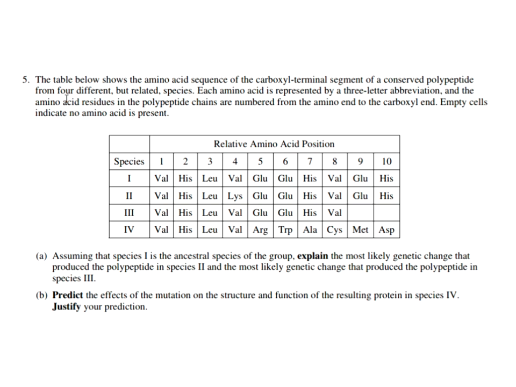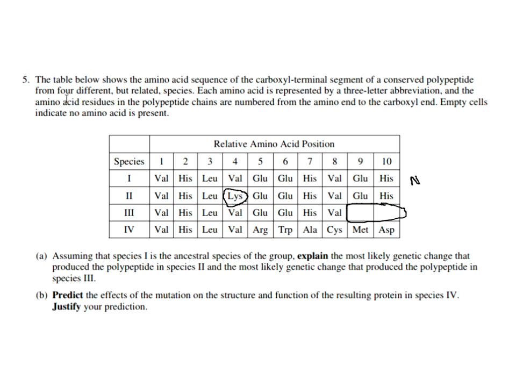So if 1 is the ancestral, this would be what we would consider normal. That's what they're basically saying here. And we can see in 2, everything's the same except for number 4. We have lysine instead of valine. And then in number 3, it's all the same, but we're missing 2. So what might be the most likely cause?